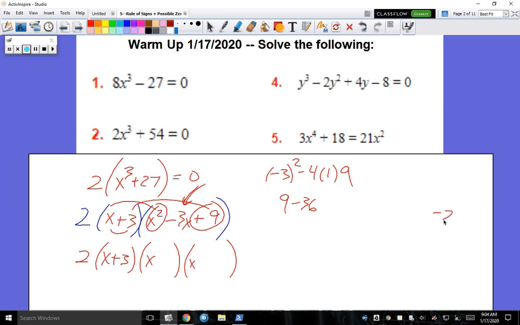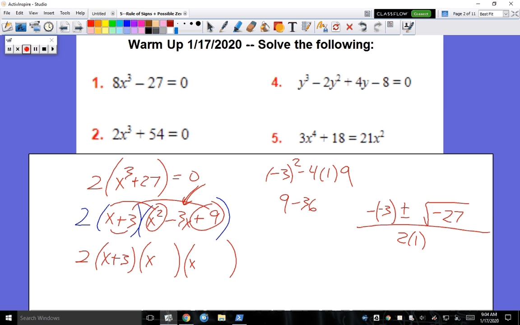So it is going to be imaginary that we're going to have in our radicand. The number underneath the radical symbol is going to be a negative 27. So we'll have negative b plus or minus the square root of all of that, b squared minus 4ac, all over 2a.